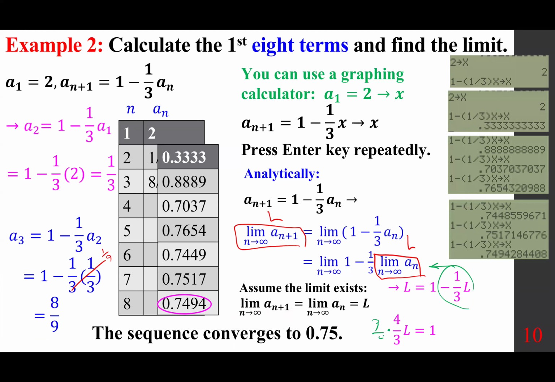So I multiply both sides by 3/4. L becomes 3/4. And everybody knows 0.75 is the same as 3/4.